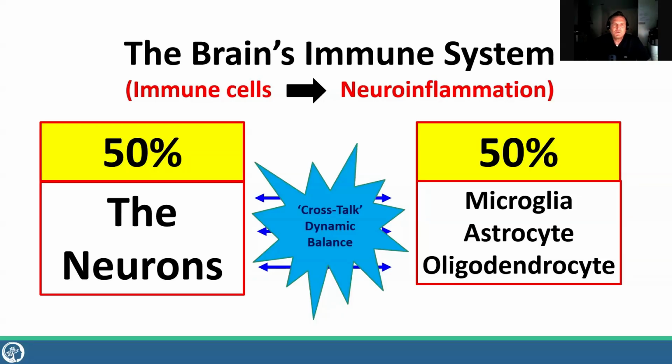Oftentimes, those individuals who work in that setting will say, I think they have a urinary tract infection. So that infection downstairs in the bladder turns on the immune system all the way up the body into the brain, and all of a sudden that person loses their mind and they go mad. And it's because the immune system of the brain is on fire and it changes the neurons' function.